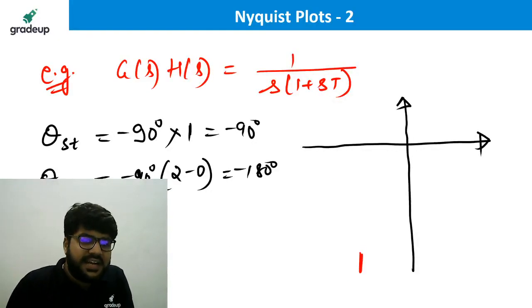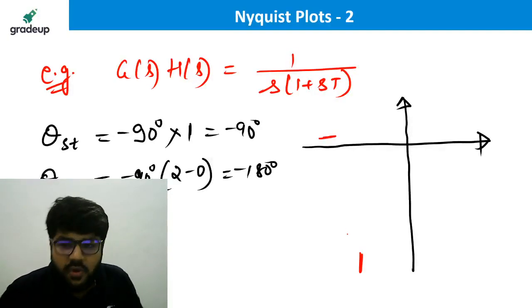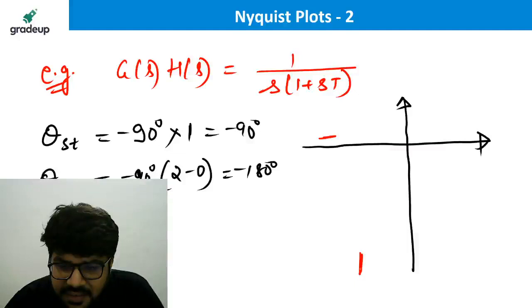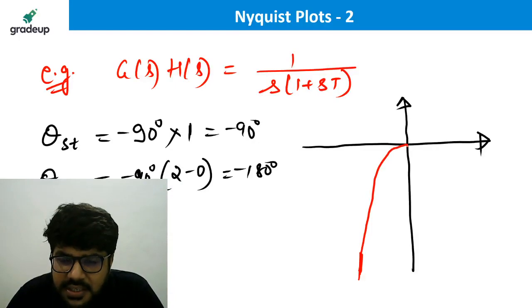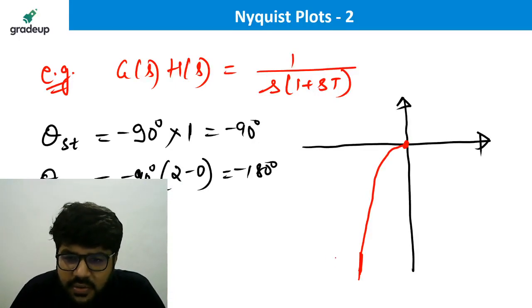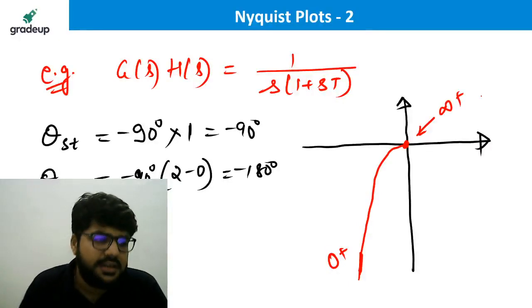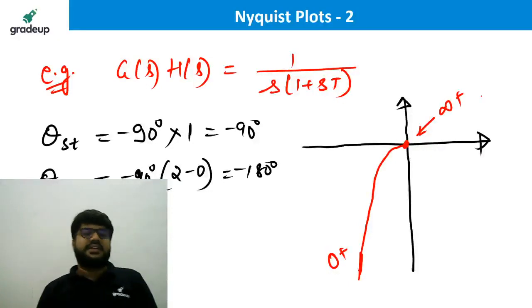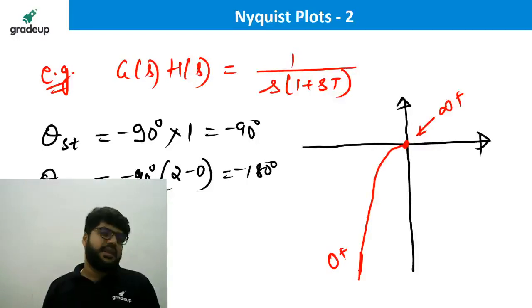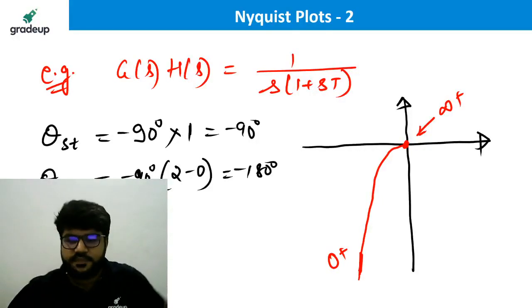And theta dive means dive into the origin. At what angle? Minus 180, which is the negative x-axis. So start along the negative y-axis and dive into the origin, being tangential to the negative x-axis. That's it.